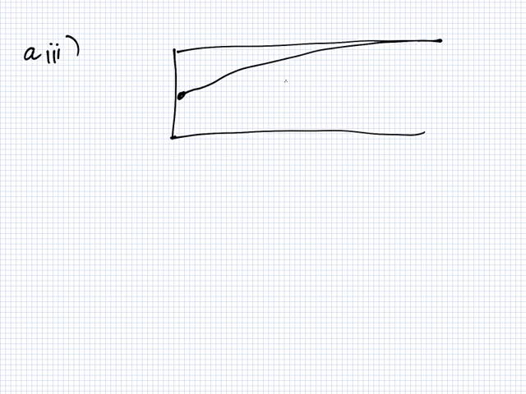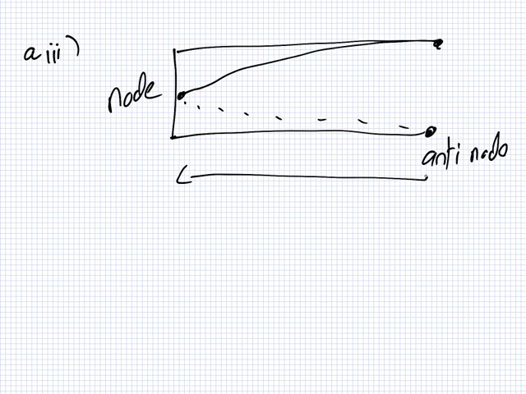Like this. And this is a node, and then here is an antinode. And then this is the length of the pipe, and the wavelength is 4 times the length because there's a quarter of the wave in here. Was that the question in total?